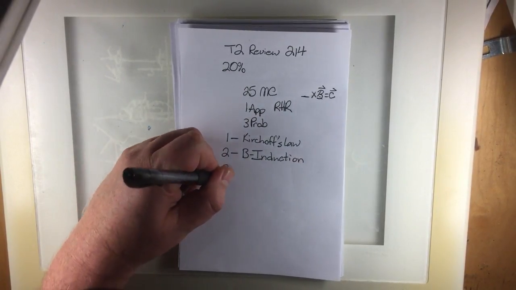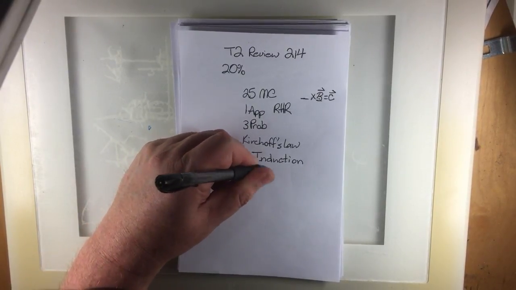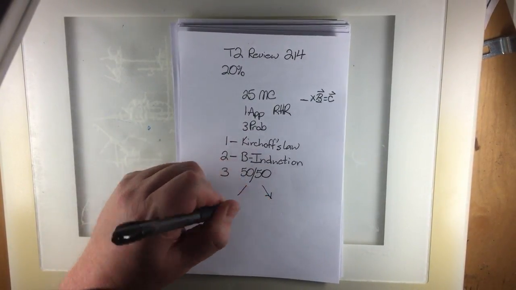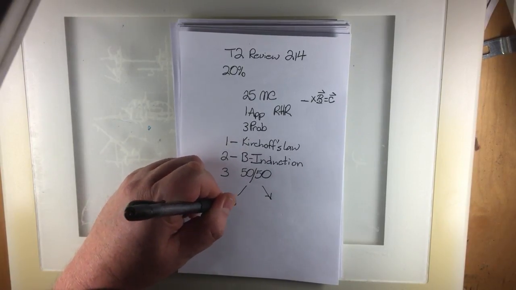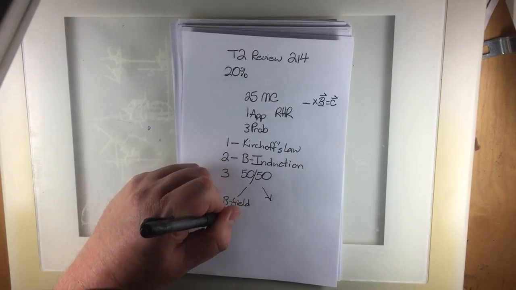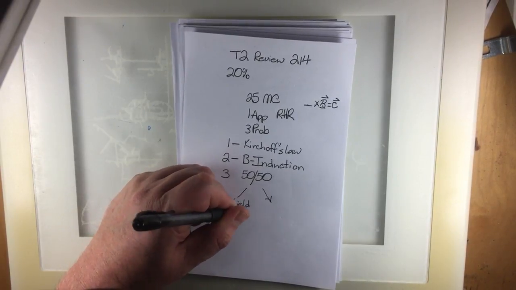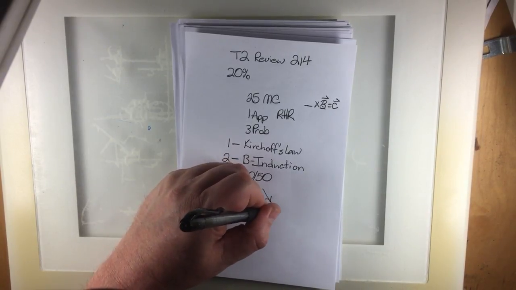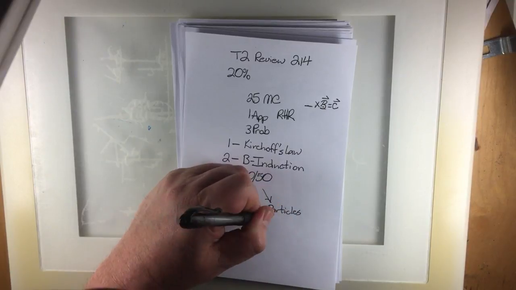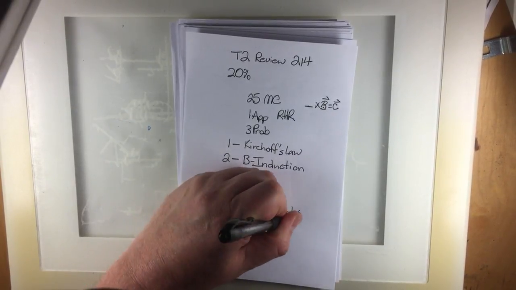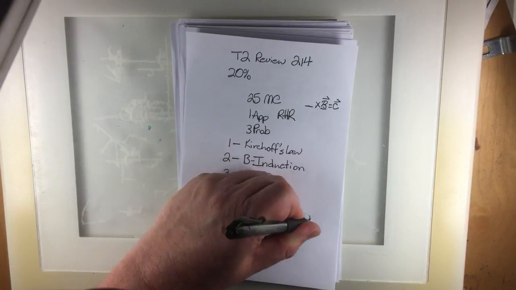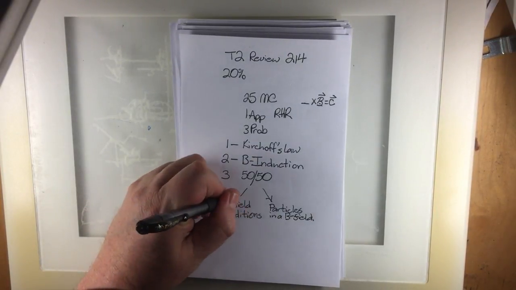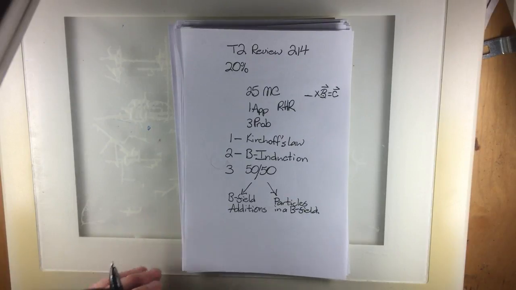Problem 3, it's a 50-50 split between B-field addition and particles in a B field. So it's going to be a 50-50 chance. If it ends up being B field additions, then you know the coin showed up heads. If it's particle, then it was tails.